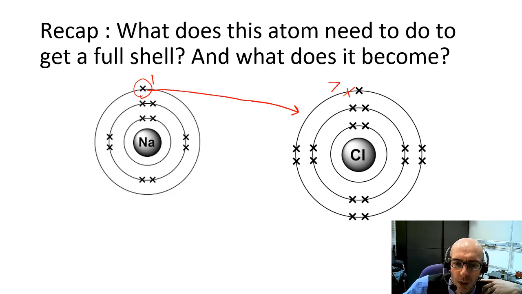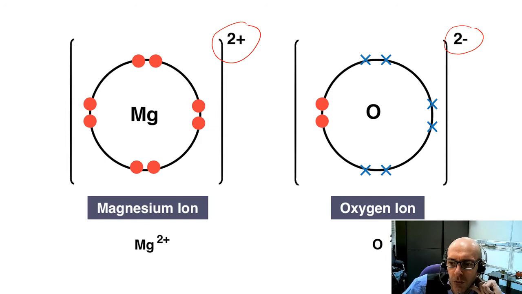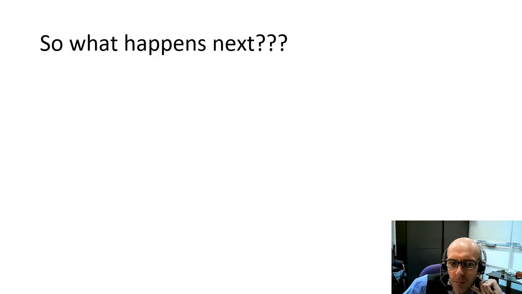The sodium becomes positive, the chlorine becomes negative, and they attract together. Exactly the same in the example that you did last lesson, magnesium and oxygen. The positive magnesiums and the negative oxygens attract together to form a solid magnesium oxide. So what happens next?